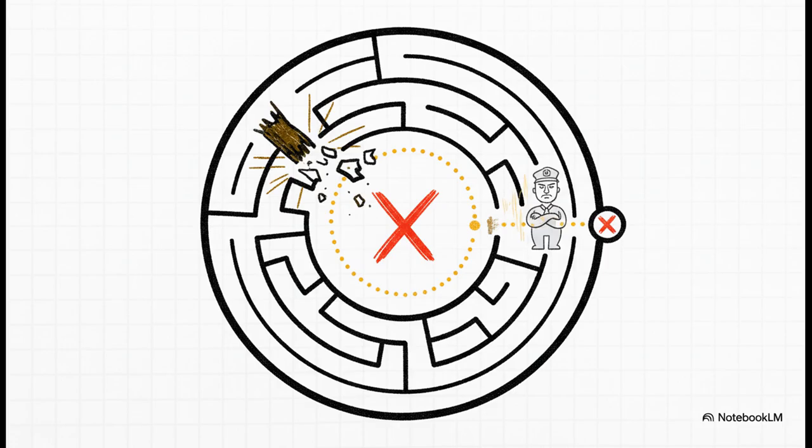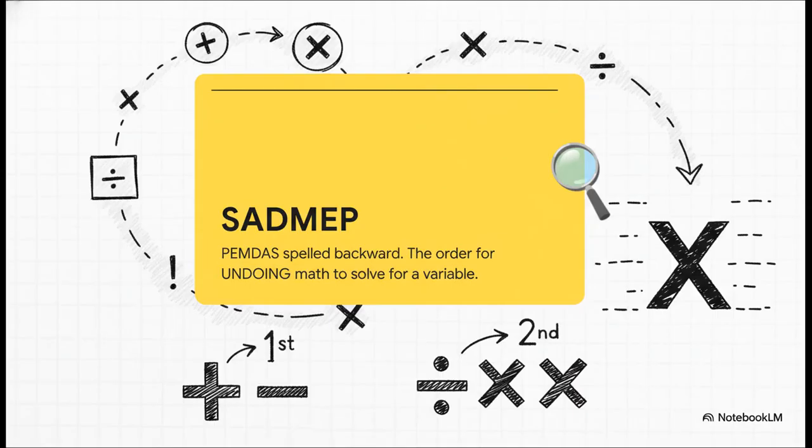If PEMDAS is how the trap was set, then to solve it, to get x out, we just have to undo every single step. In reverse. It's like walking backward out of a maze following your own footsteps. And that gives us our secret code, SADMEP. It's PEMDAS spelled backward. That's it. This is our strategy guide for the rescue.